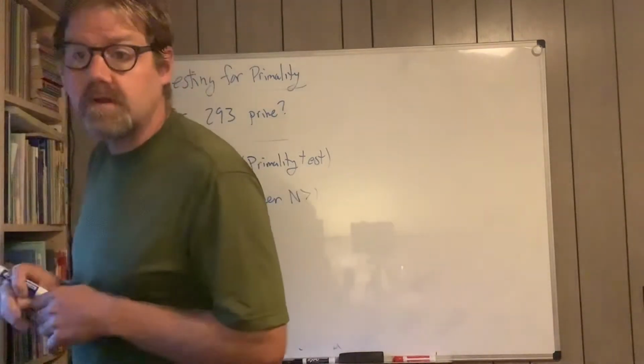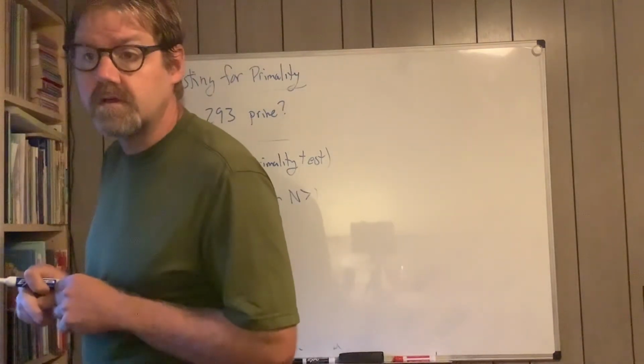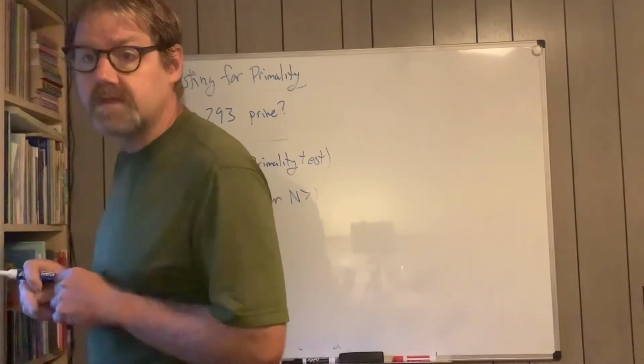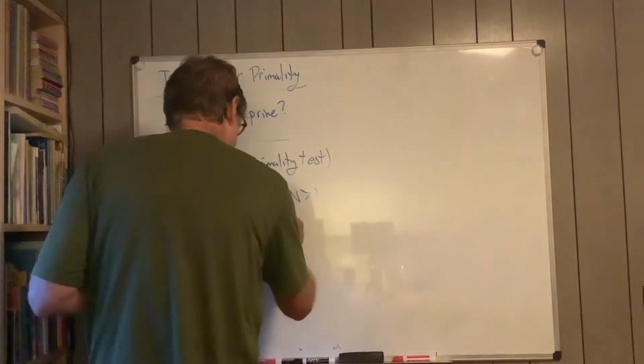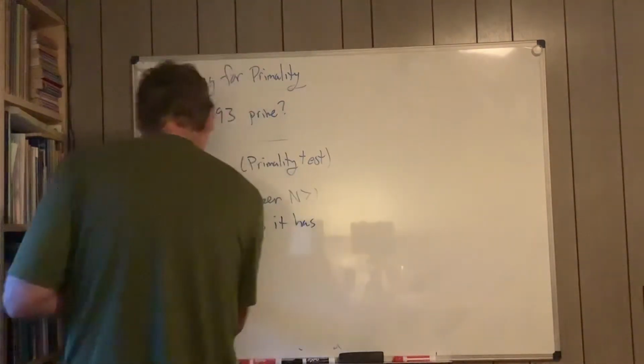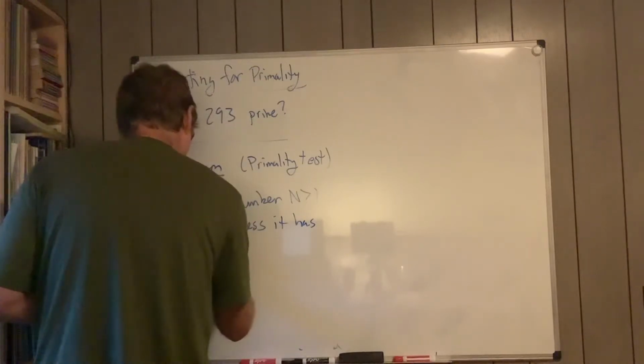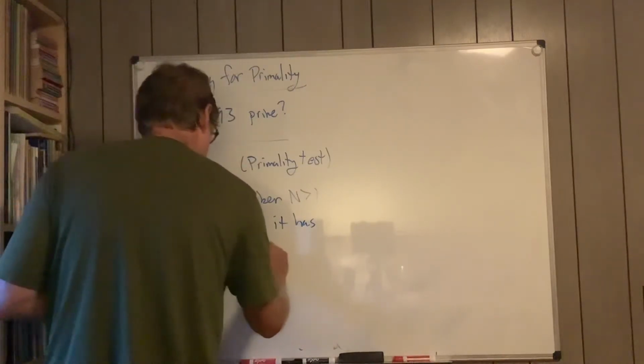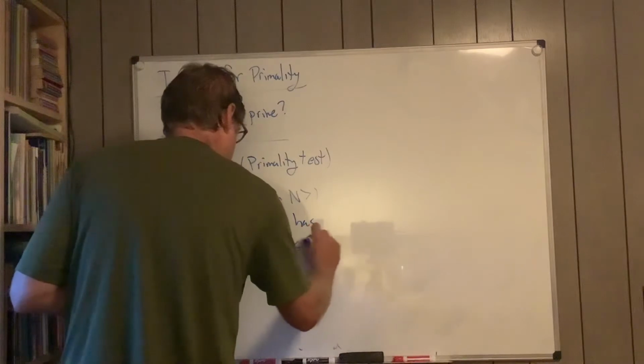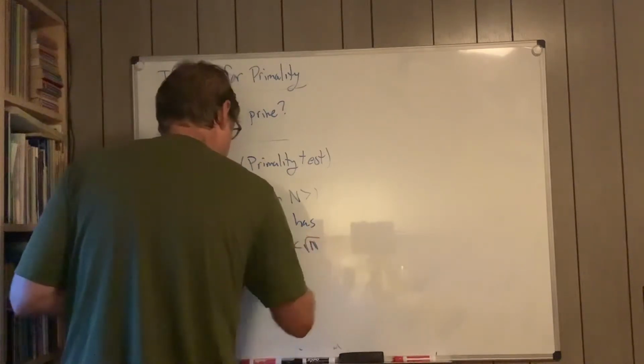So a whole number n is prime unless it has a prime factor p less than the square root of n.